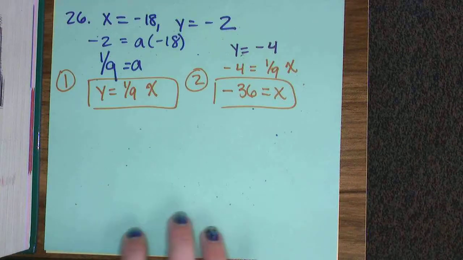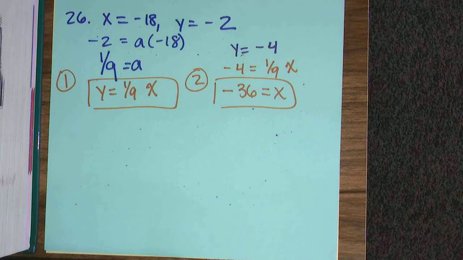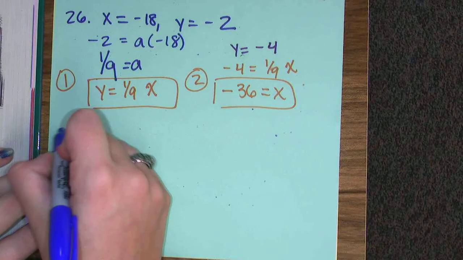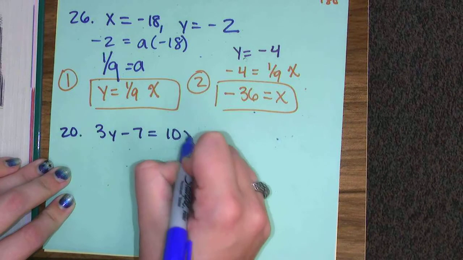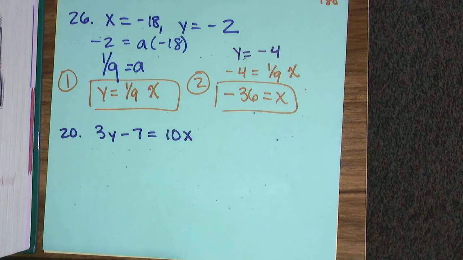Tell whether the equation represents direct variation. If so, give the constant of variation. 23: 3y minus 7 is equal to 10x. So, how would I tell if this is direct variation or not? Move what over?